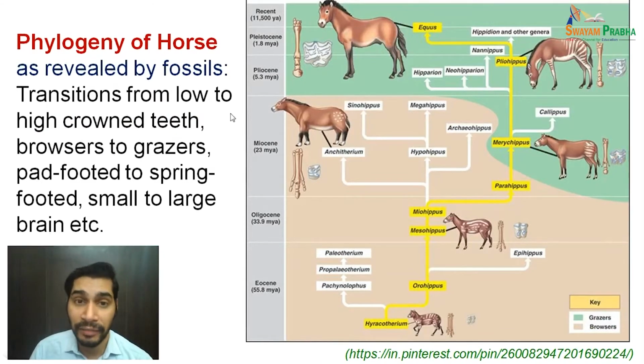The evolution from low to high crowned teeth has been proved by these fossils of teeth. Also browsers to grazers, pad-footed to spring-footed, and small to large brain, etc. So all these have been proved on the basis of fossils of bones, teeth, and skulls, which represent strong evidence again in support of evolution.